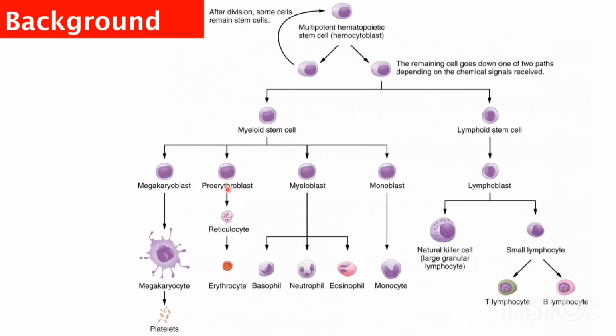If you see a blast cell that can further differentiate into mature erythrocyte, you call it pro-erythroblast. If you see blast cells that can differentiate further to basophils, neutrophils or eosinophils, you call them myeloblast. If you see blast cells that can further differentiate into monocytes, you call it monoblast.